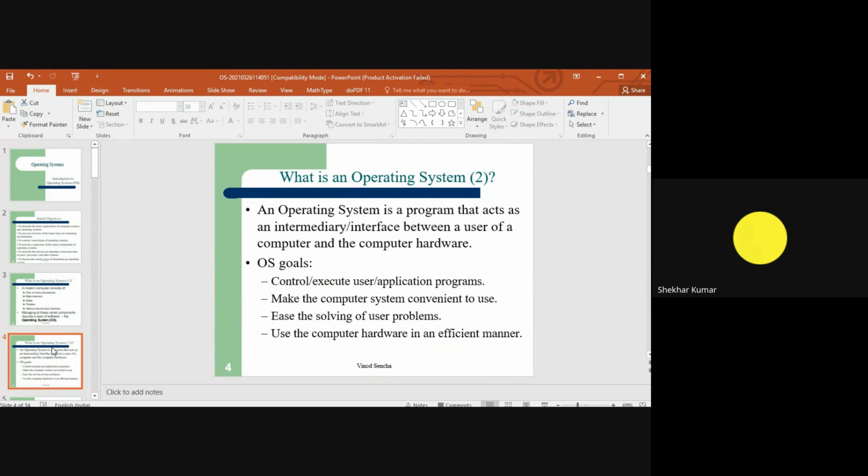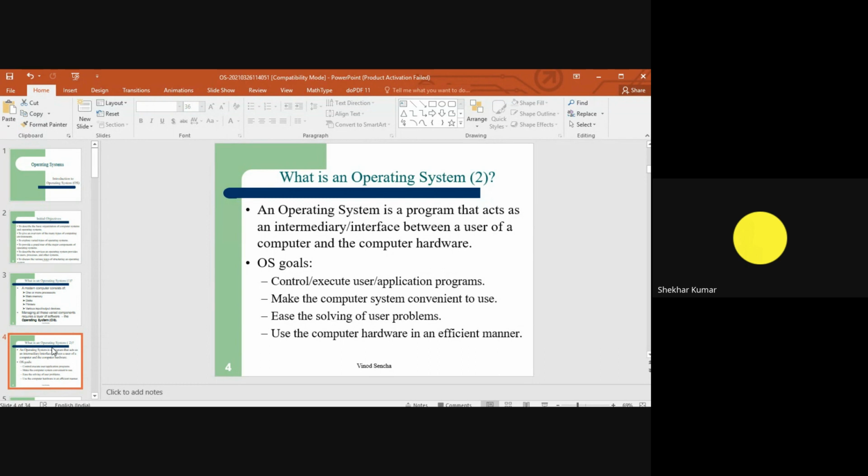Ease of use means ease of solving the problems. The goal is to control and execute all the application programs, and make computer systems convenient to use.